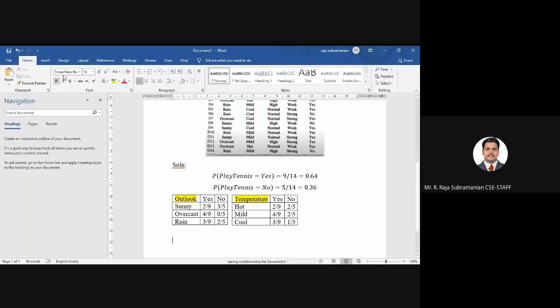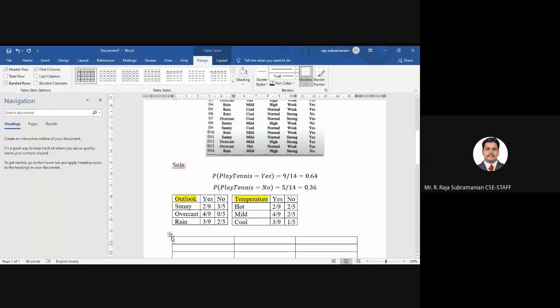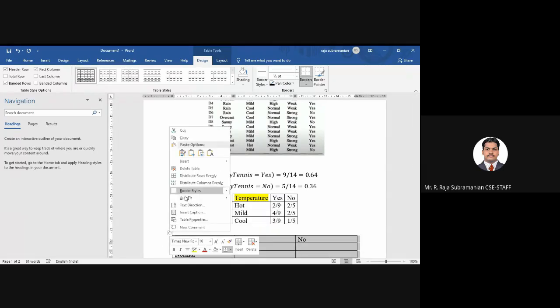Only two are there. Insert table. Humidity high, normal, yes, no. So I'll get this. This is over yes and this is over no. High, normal. So that is the size of the table.